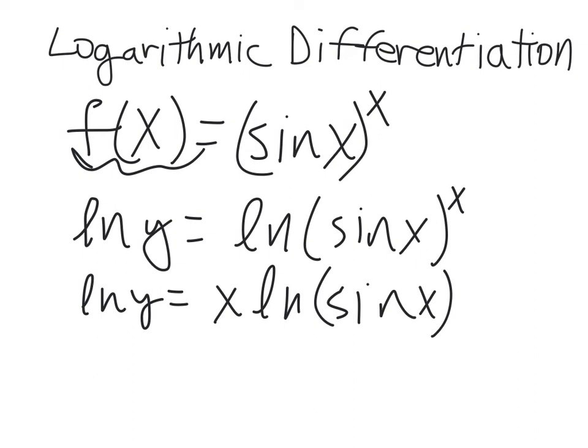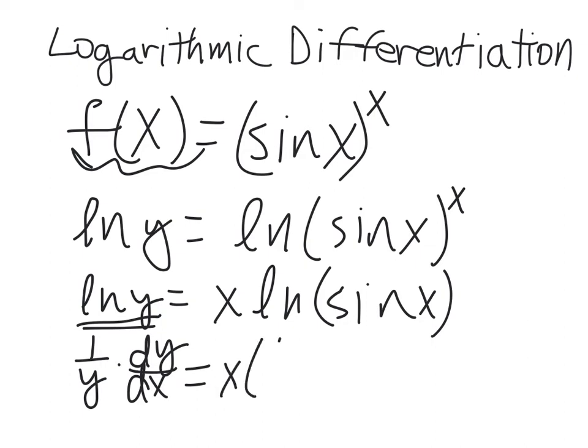Now we are looking at natural log of y, so we have to use implicit differentiation. But we would just have 1 over y times the derivative of y with respect to x. And then the other side is our product rule.